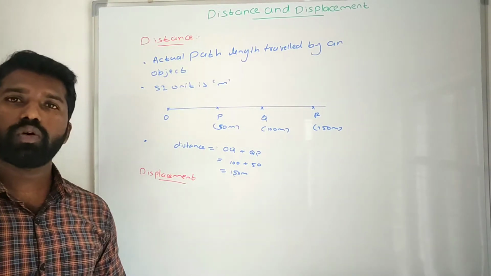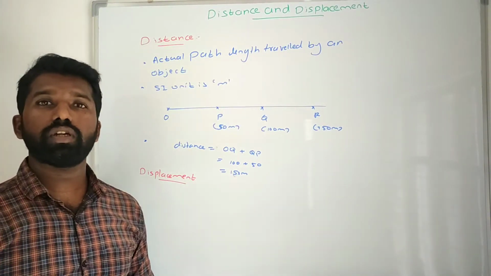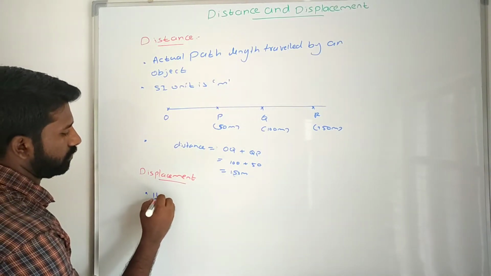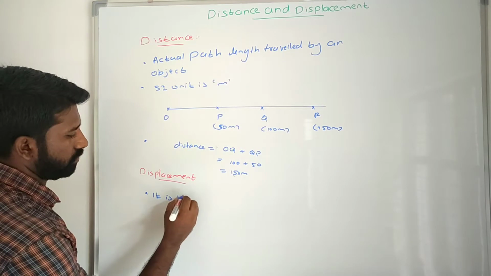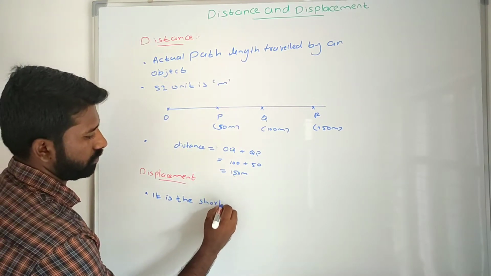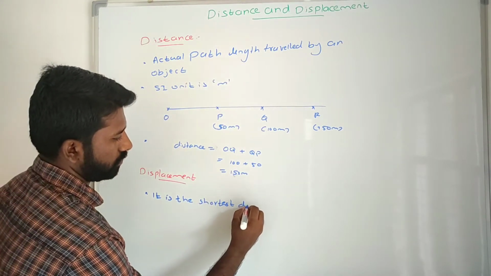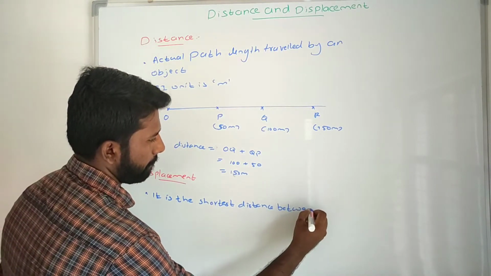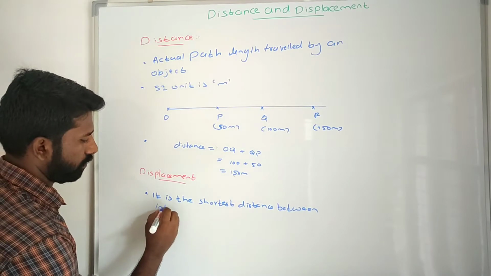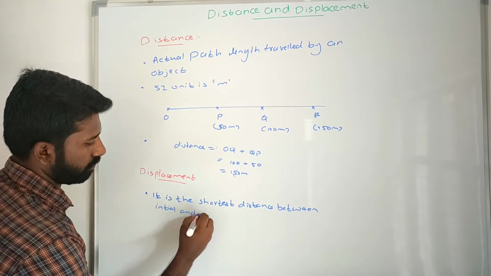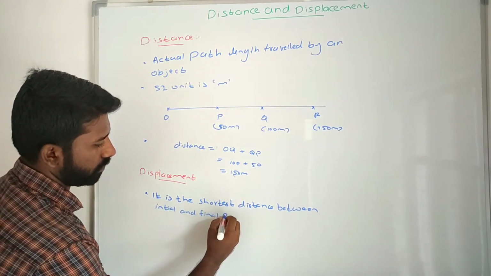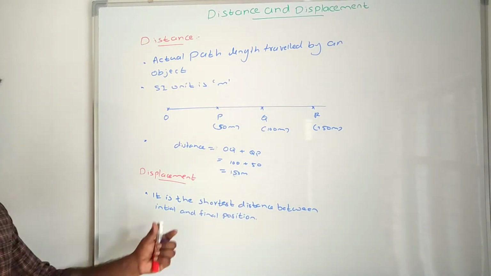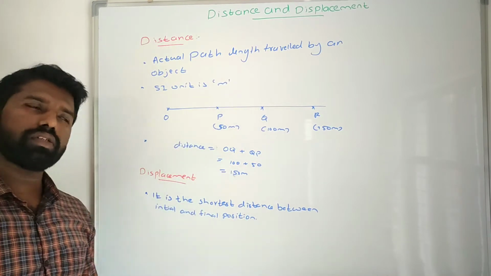Displacement is the shortest distance between the initial and final position.